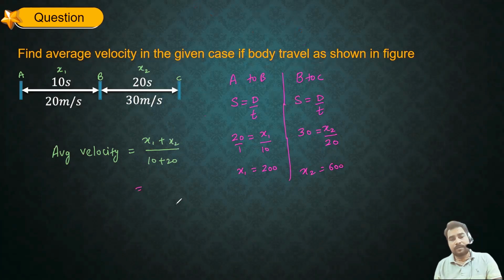So average velocity is total displacement x1 plus x2. My x1 value is 200 and x2 value is 600 and total time is 10 plus 20, 30. So it is going to be 800 divided by 30. 0 and 0 I can cancel out. So 80 upon 3 meter per second is going to be the answer.